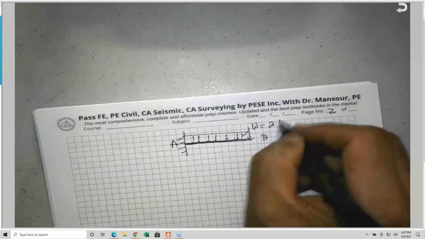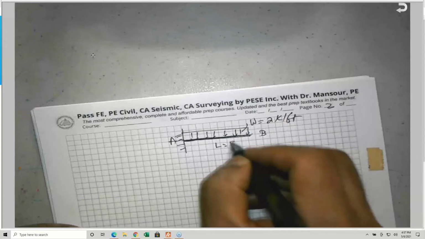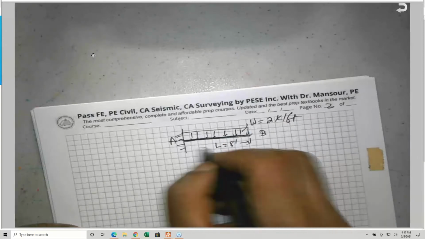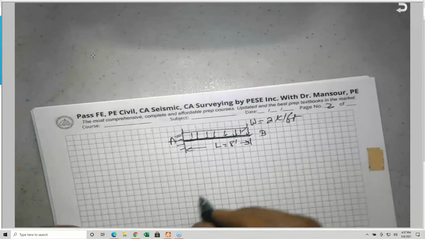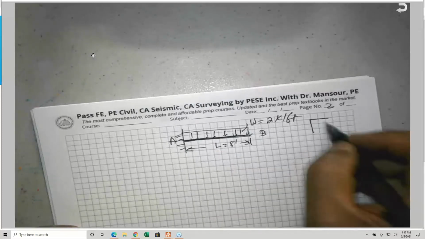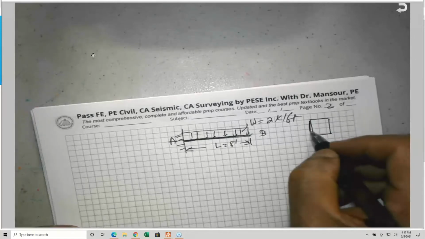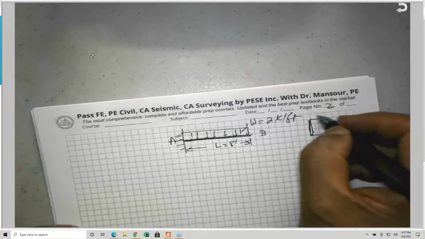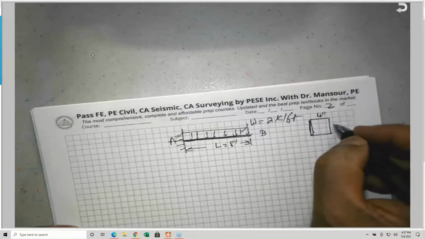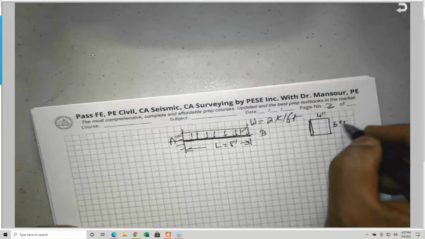Let's assume this is 2 kips per linear foot, and L is equal to 8 feet, for example. And let's assume the cross section, which you will use later to determine the maximum bending or flexure stress, is 4 inches by 6 inches.